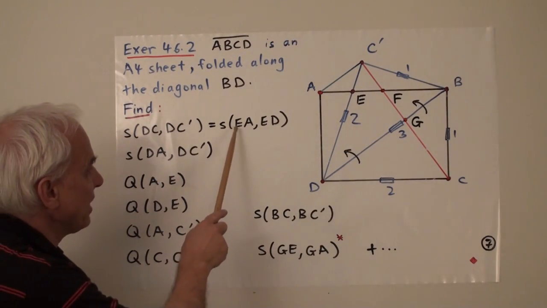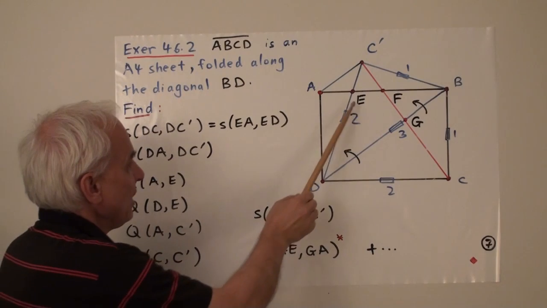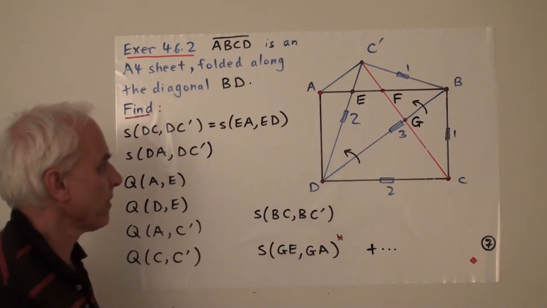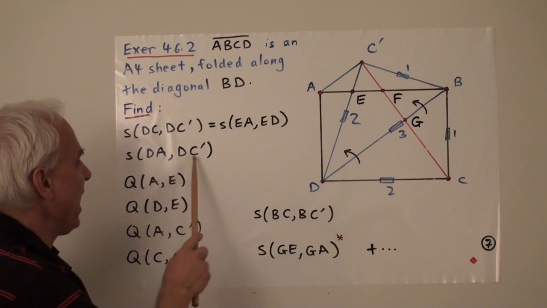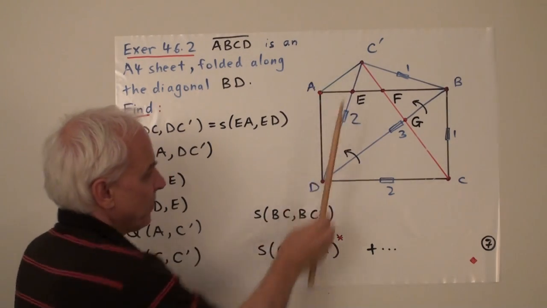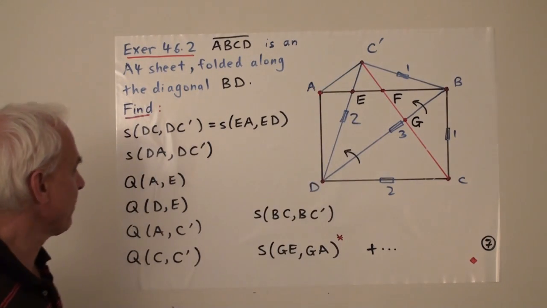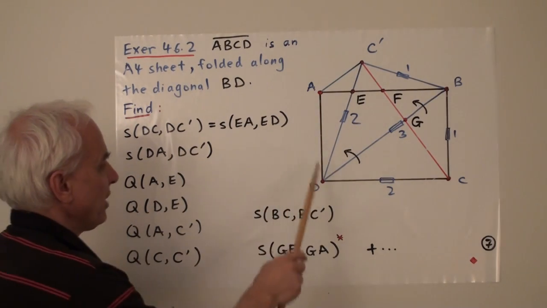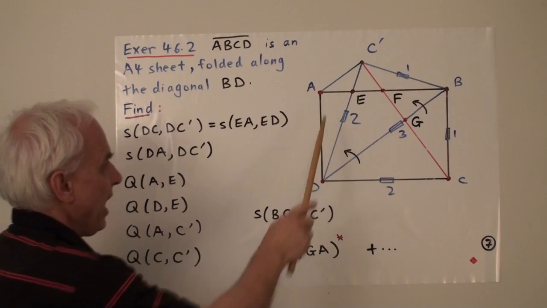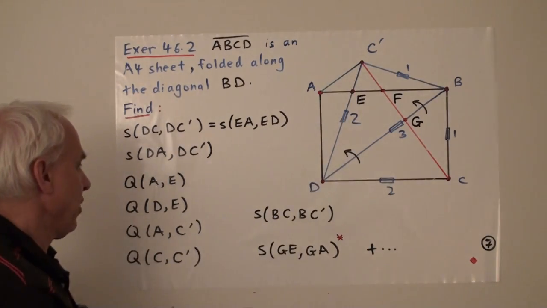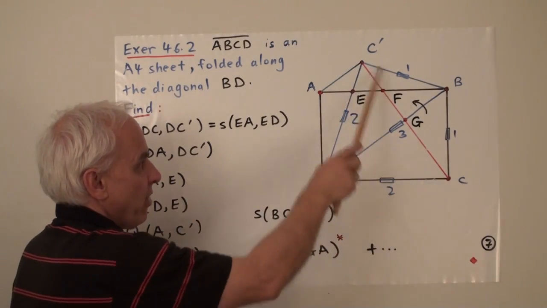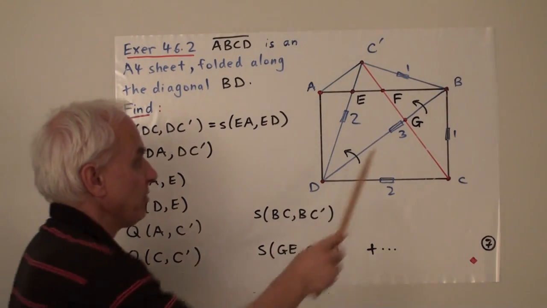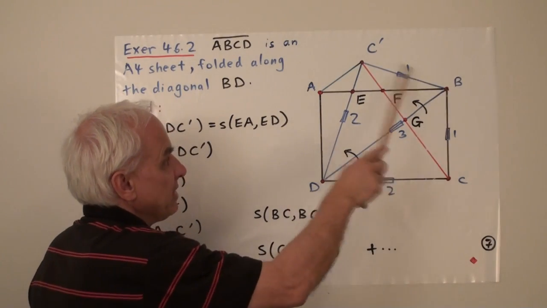Now that turns out to be the same as the spread between EA and ED, same as the spread up here. What about the spread between DA and DC prime? The spread right here. In terms of quadrances, what's the quadrance between A and E? Or between D and E, between A and C prime, or between C and C prime. And another spread, the spread between BC and BC prime.